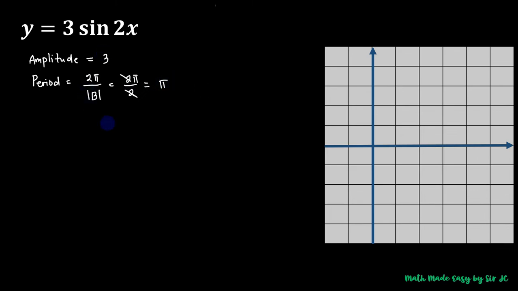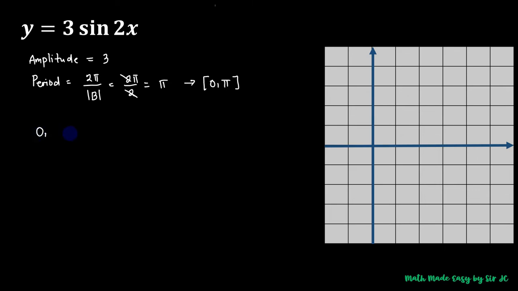Okay, so this means that the range of values of x will be from 0 to pi, because we do not have a phase shift here. So to find other values needed to come up with a one period graph of the given function, we need to divide the period by 4 starting from 0. So pi divided by 4 is pi over 4.